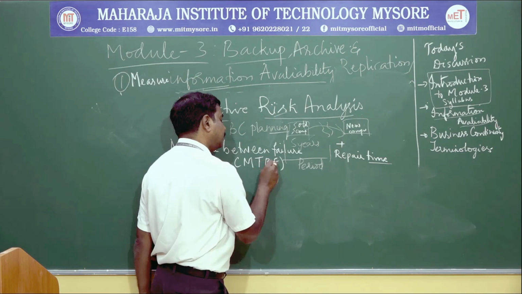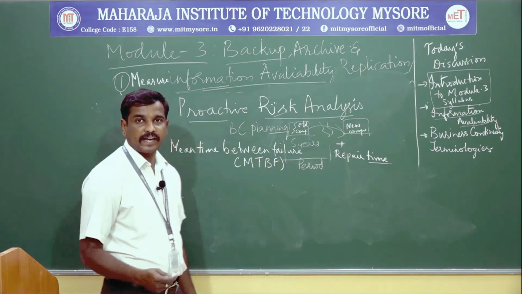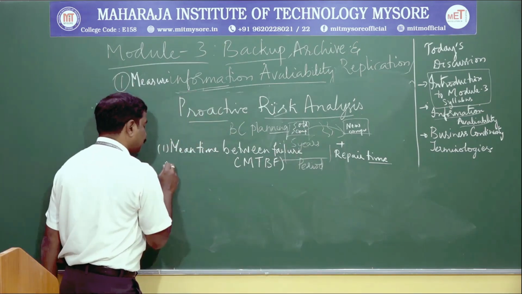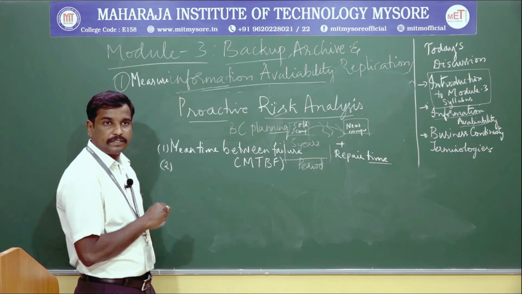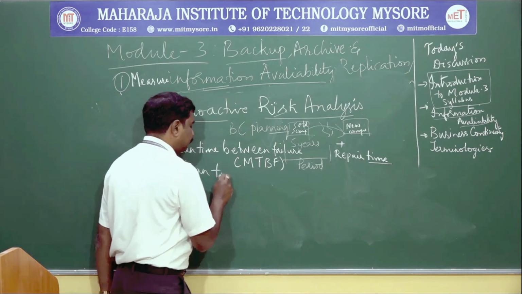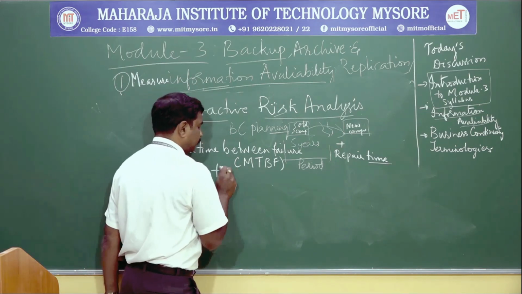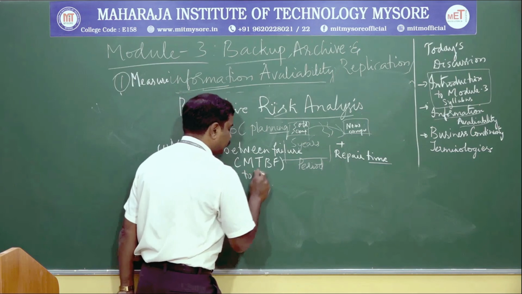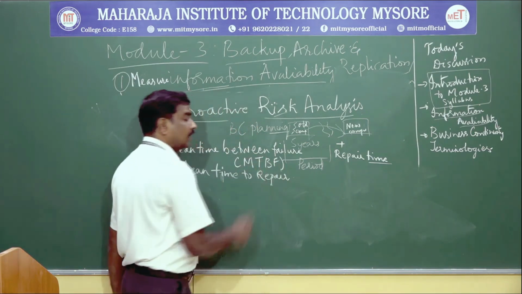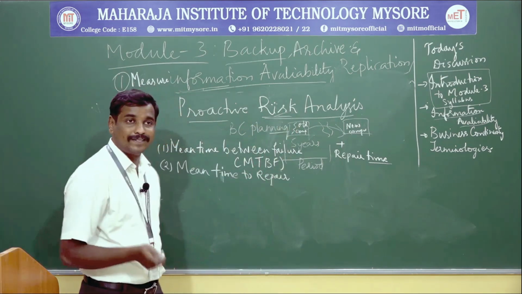This is the first parameter. The second parameter is mean time to repair. So these are the two parameters we are considering as a proactive risk analysis.